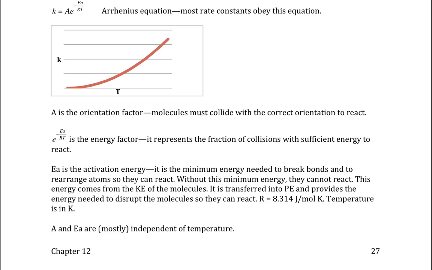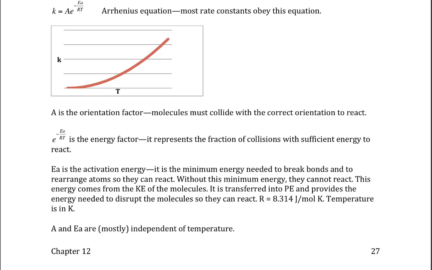Think of making a campfire. You have to collect the fuel. Of course, oxygen is in air. But just because you have the two reactants, the fuel, the wood, and the oxygen, the fire doesn't just happen. You have to use a spark to make it happen. That's like this activation energy.